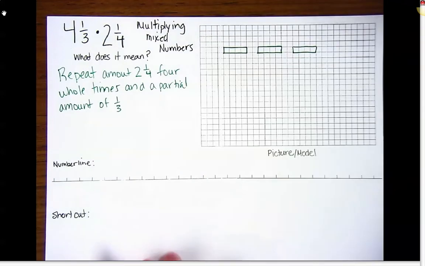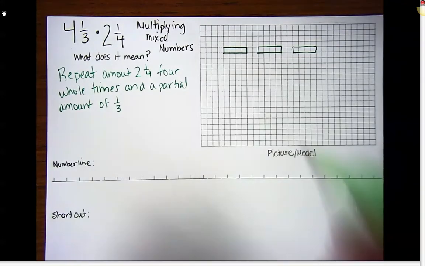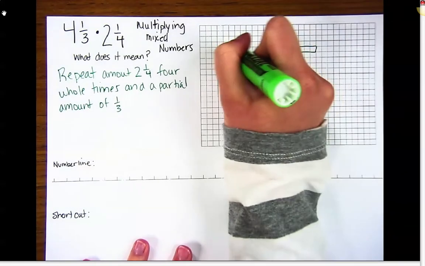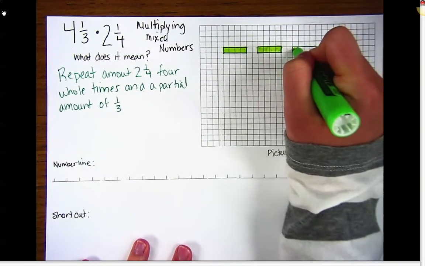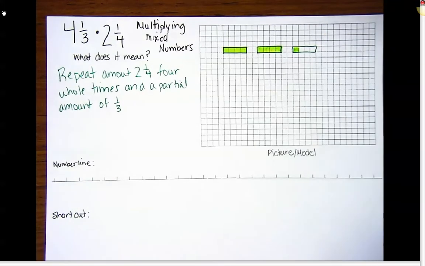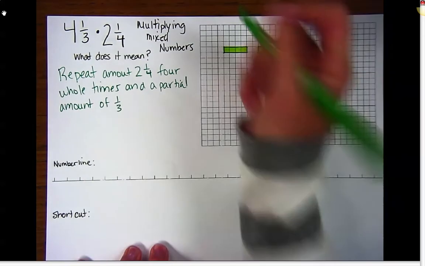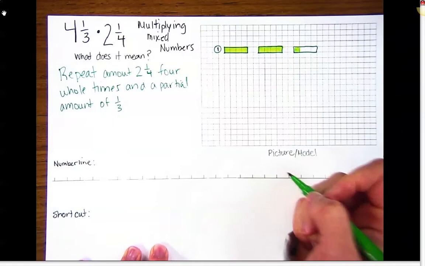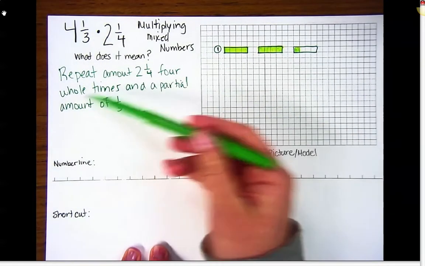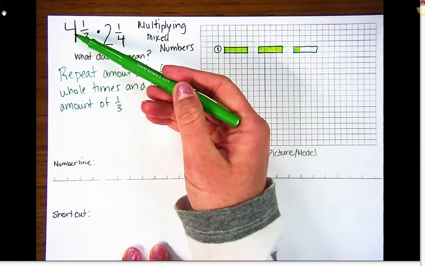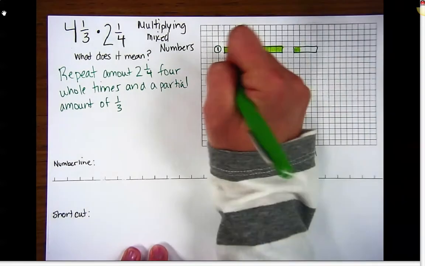So I'm going to do that by shading it in. So there's my 2 1/4. I've represented it one time. I still need to represent it 3 more times so that I have 4 whole times that this is represented.